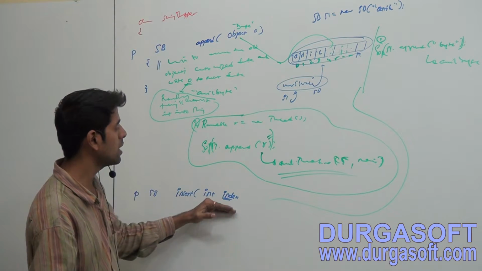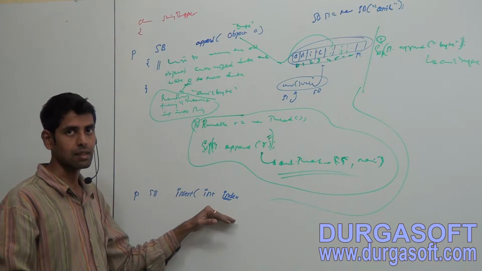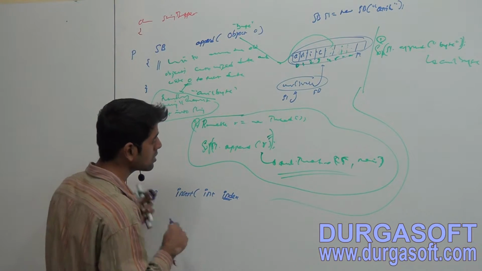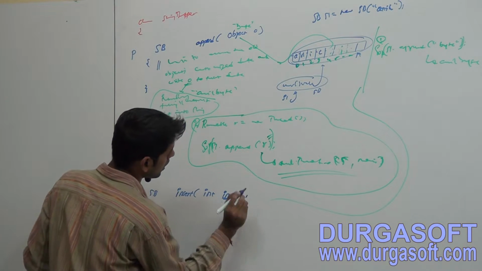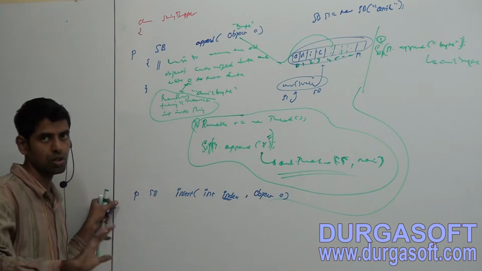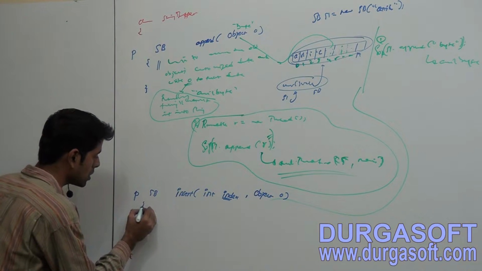So you have to pass here a valid index, that is the customized data block index. Then you have to pass whatever you want to insert, that is the object. You can pass anything, no issues. What is the logic here?